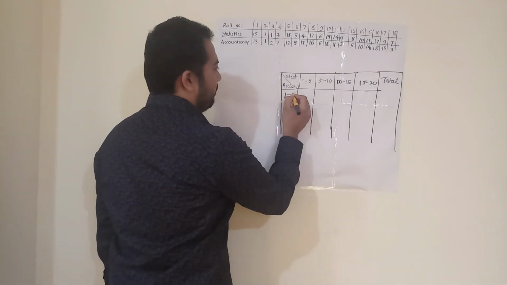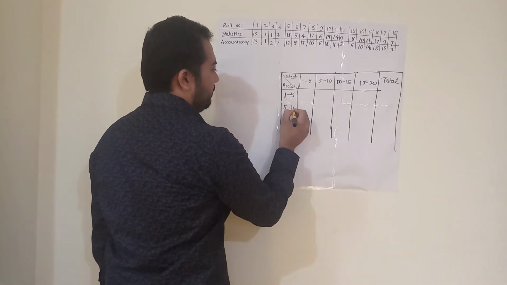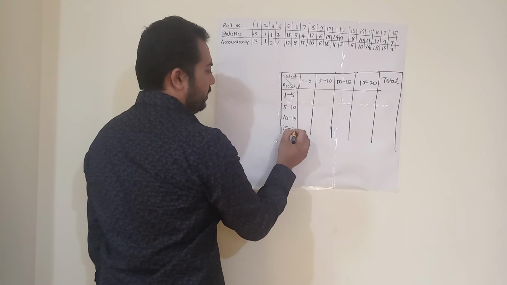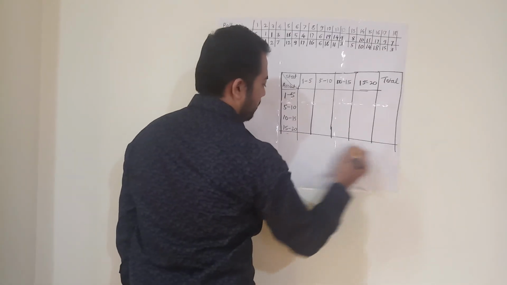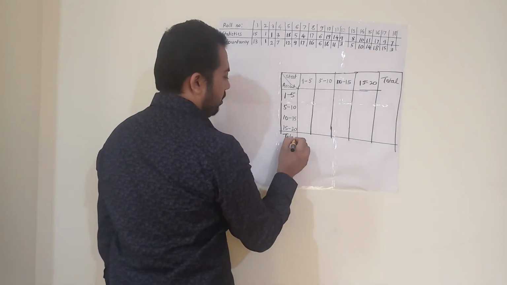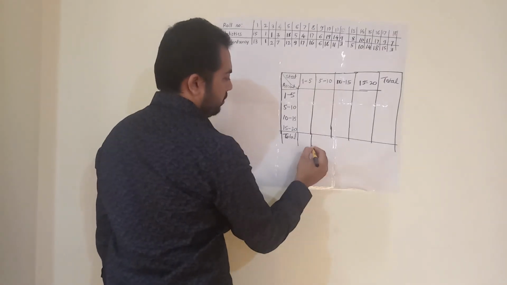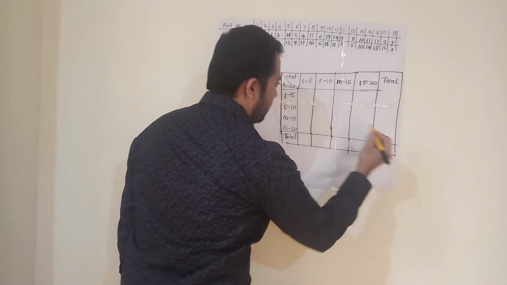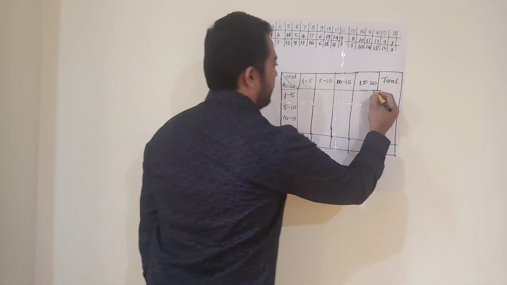Same here as well: 1 to 5, 5 to 10, 10 to 15, 15 to 20, and here I am going to have the row called total. So now our table is ready.